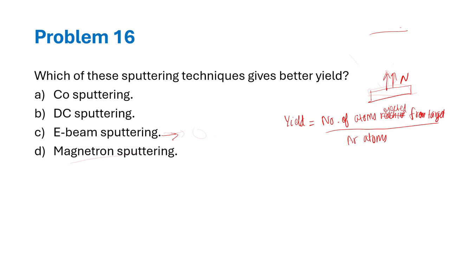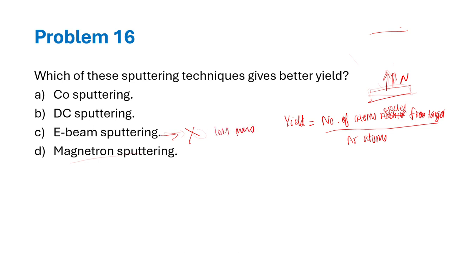But an electron beam has very little mass. It can get accelerated easily, but since it has less mass, even if it impacts the target, it will not readily cause the target ions to come out. You understand that, right?